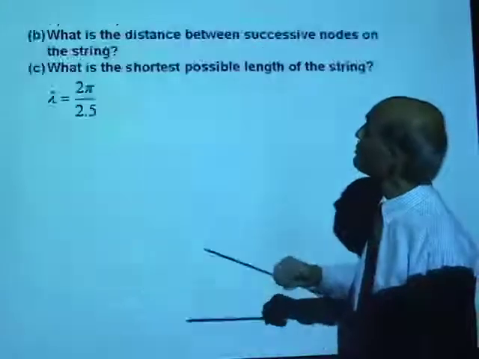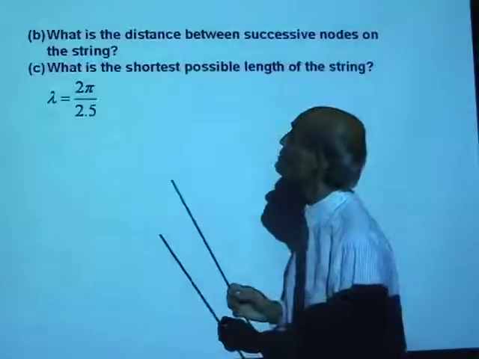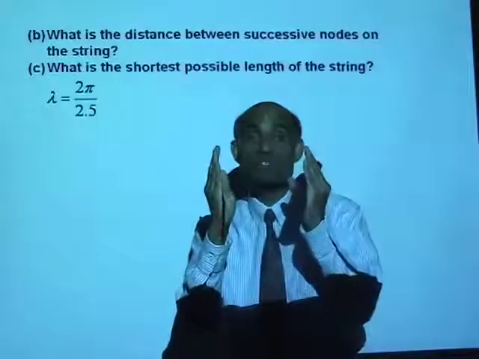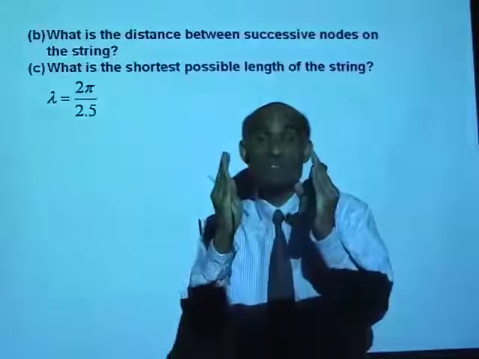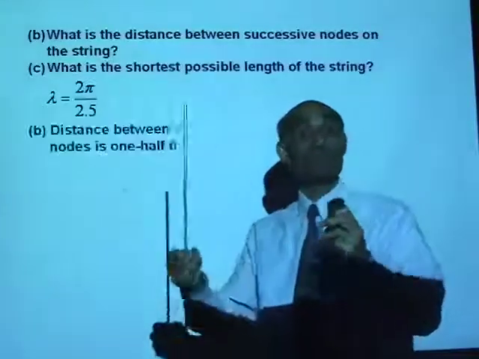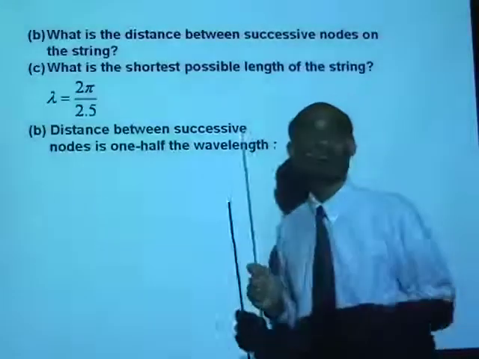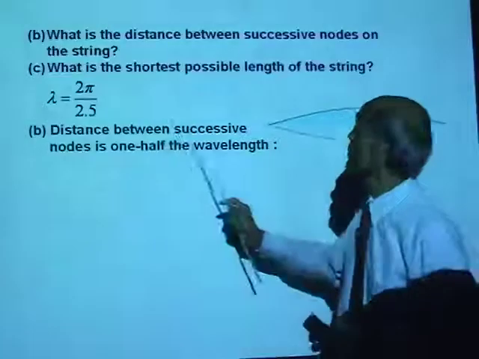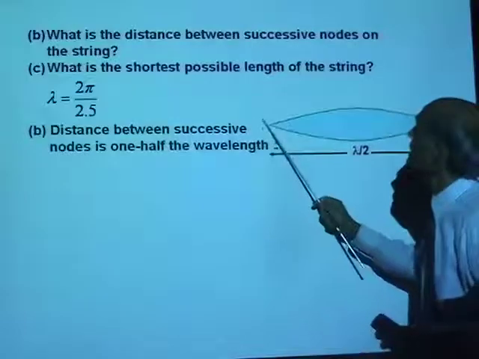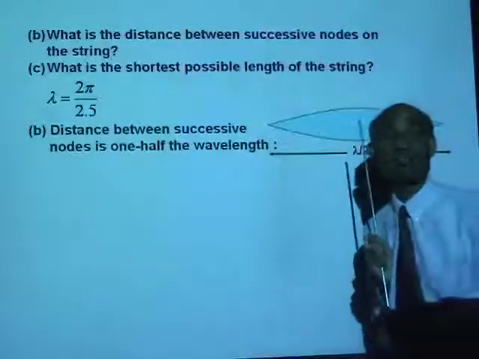Alright, let's now go and do the B part. What is the distance between successive nodes on the string? What did I say the distance between two successive nodes is? The distance between two successive nodes is half of a wavelength. That is a node, that is a node, and that distance is half a wavelength.